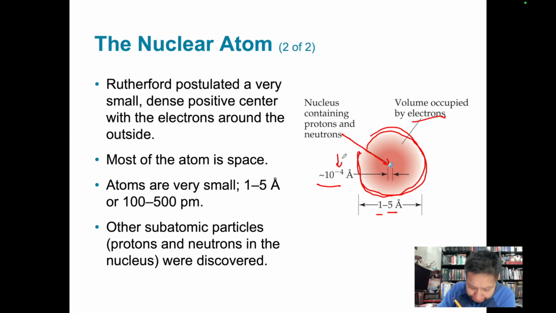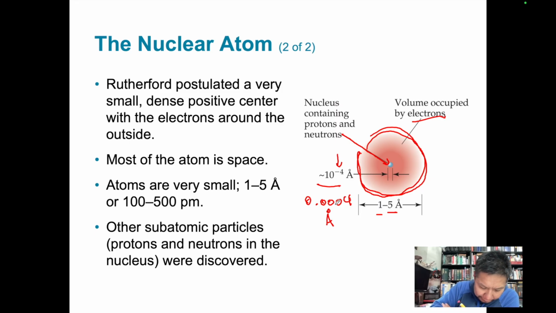So that's like 0.0001 angstroms. So you can see how much smaller a nucleus is compared to the actual atom itself, and how much more space electrons occupy than a nucleus does.